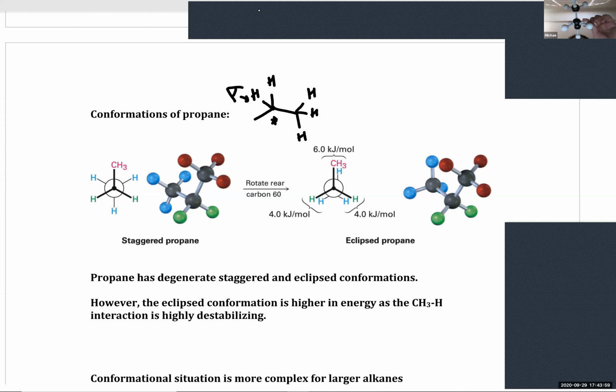Does everyone see how, if we look at our methyl group, it is vastly separated in three-dimensional space from our back hydrogen? Does everyone see that 60-degree dihedral angle comparing the methyl group and our back hydrogen? Yeah, so we have a 60-degree angle.